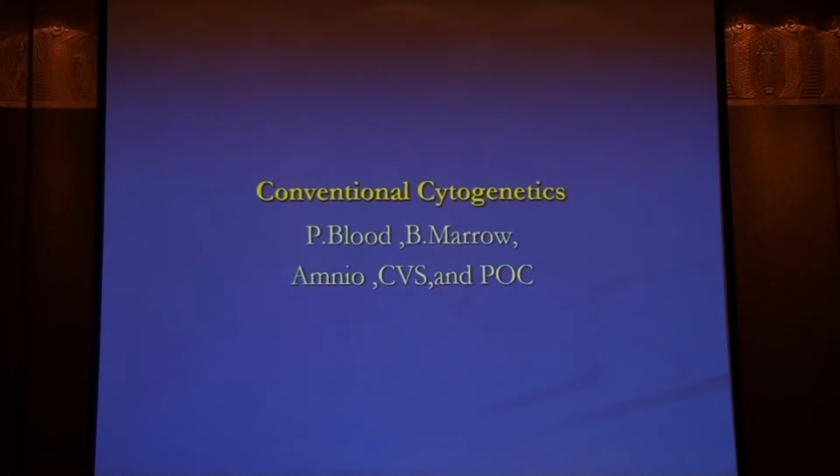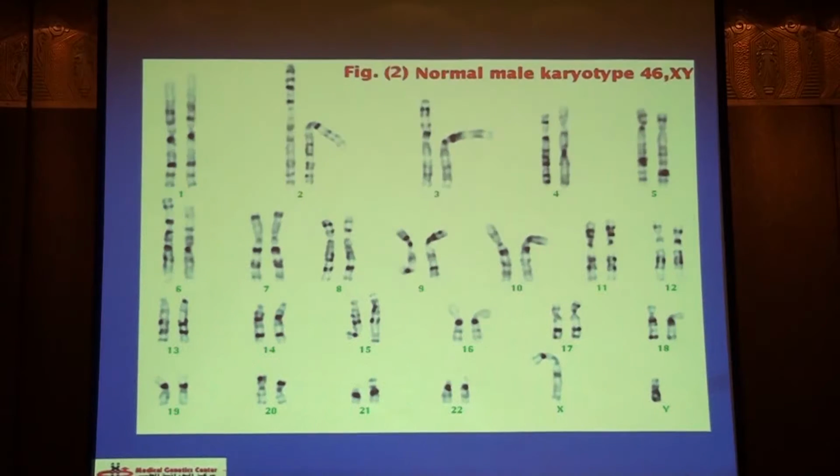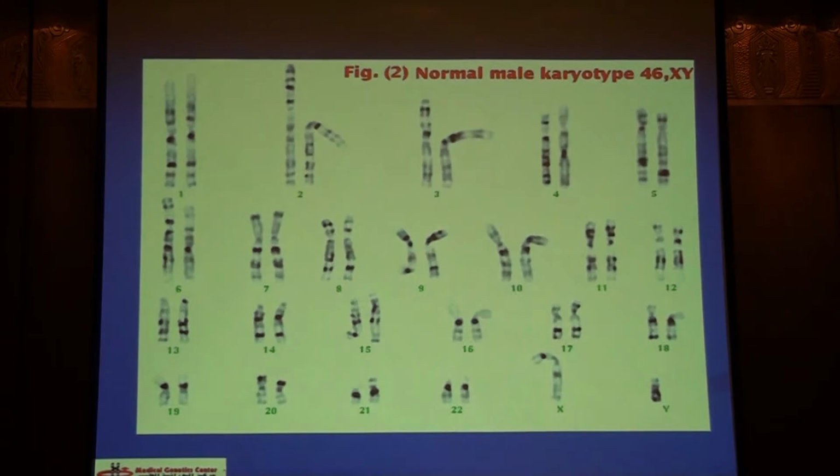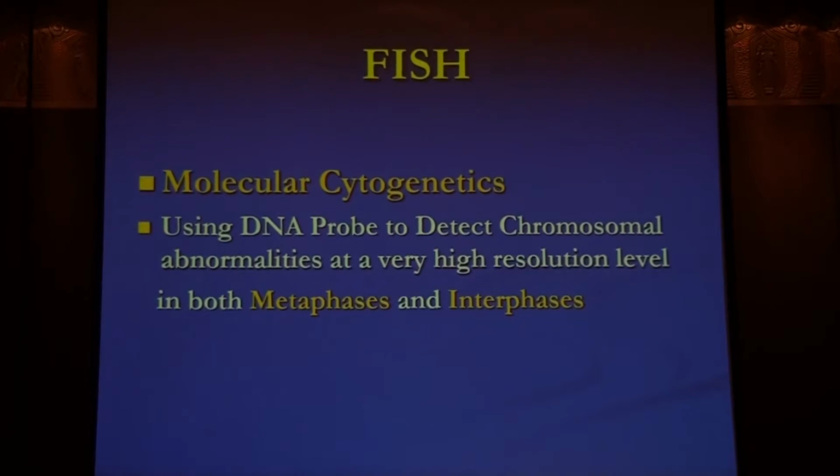Conventional cytogenetics: you take a sample, start a culture, harvest this culture, and you can have a karyotyping. You see the 46 chromosomes, and you can detect any abnormality like that. You can say that this is XY or XX, or having a deletion or inversion. This is conventional cytogenetics.